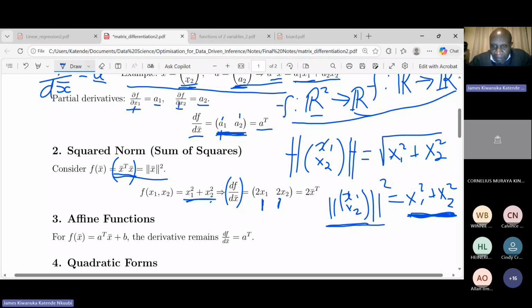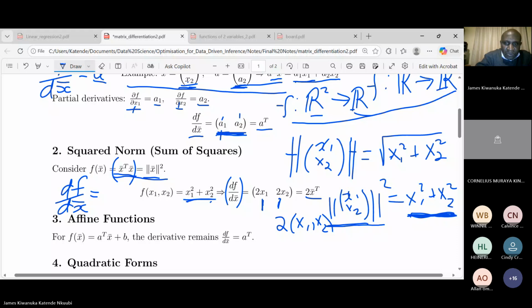But then this is the same as just 2 times (x1, x2), which is the same as 2 times x transpose. So essentially what we are saying is that df over dx for this example is simply equal to 2 times x transpose.